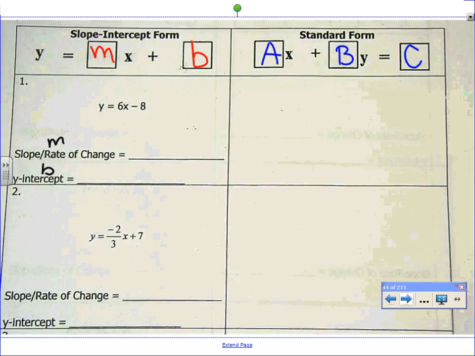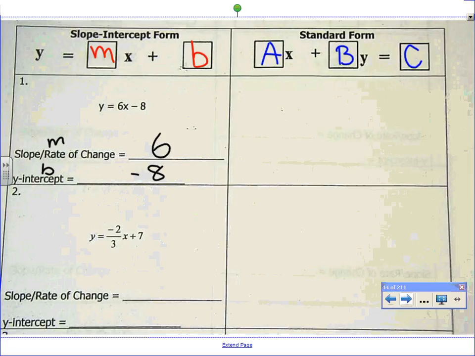Marissa, what is the slope in this equation? Well, just put the number. Just put 6. And then the y-intercept, Kyle, what's the y-intercept in this problem? Good, -8. Now, this is a stretch, but does anyone remember how to write that as an ordered pair? Luke B?